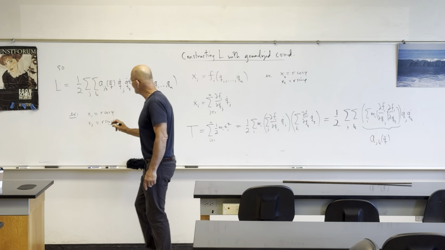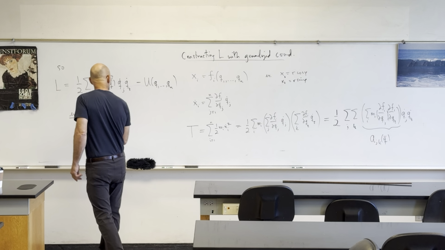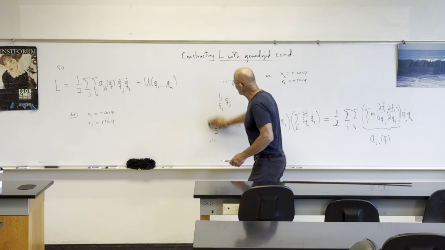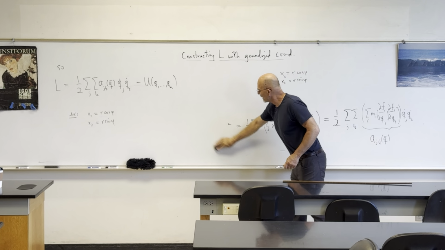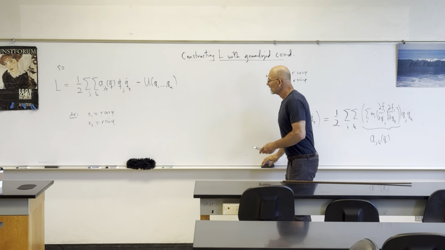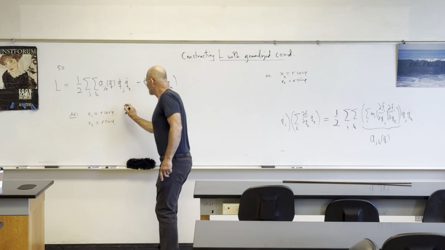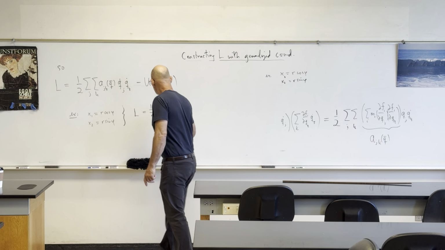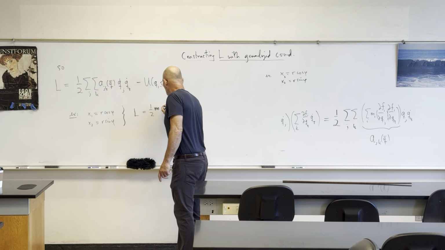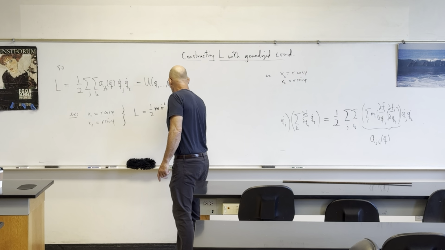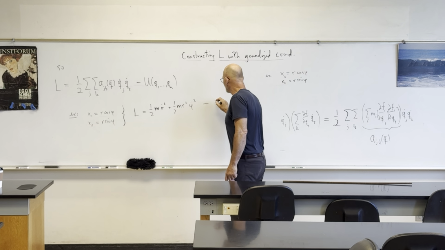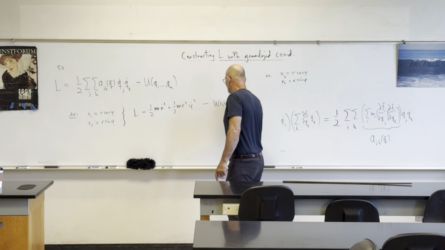Remember the kinetic energy, well actually, let me make some room over here. What we had was L equals 1/2 m r dot squared plus 1/2 m r squared phi dot squared, minus u of r and phi.